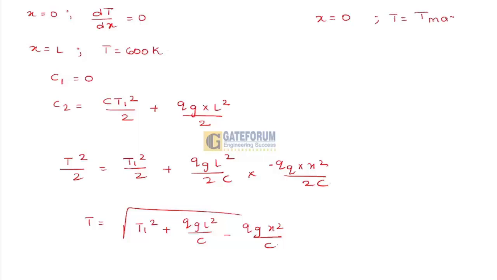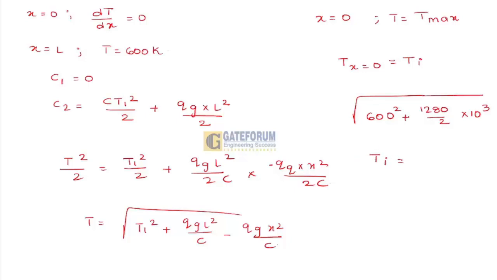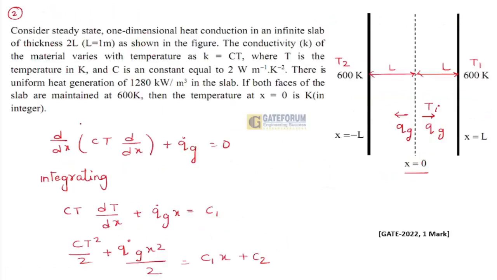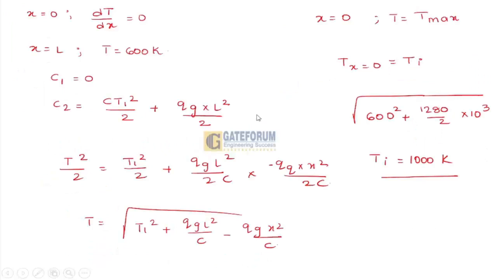So T at x equal to 0 will be the root of 600 squared plus 120 by 2 into 10 power 3. From here, if we calculate, you will get around 1000 Kelvin. The temperature at x equal to 0 in integer is 1000 Kelvin. This will be the right answer for the given question.